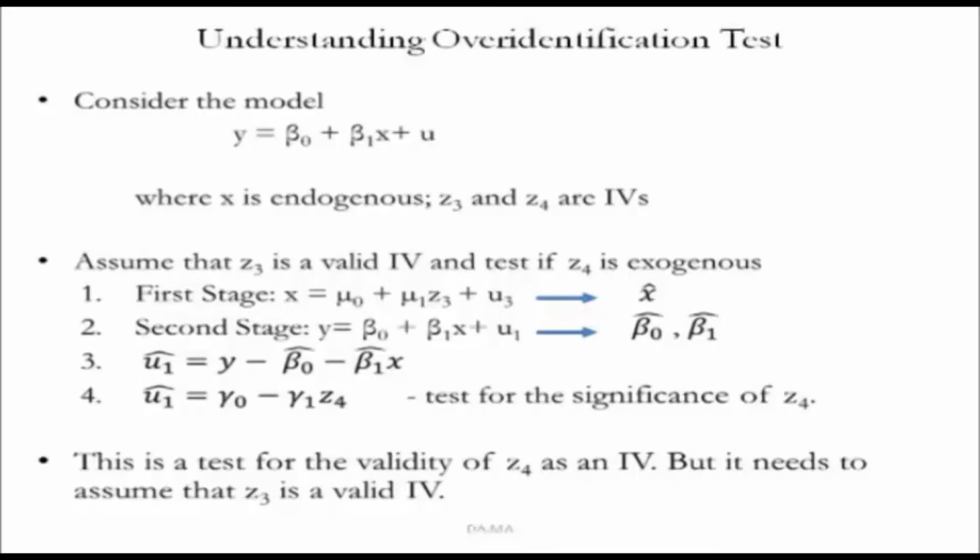So what we would do on the next slide is to generalize this idea for multiple IVs, not just two IVs, but when you have a full set of IVs. Just to tell you briefly, you would be assuming one IV is exogenous at a time and test whether the other IVs are exogenous based on that assumption.